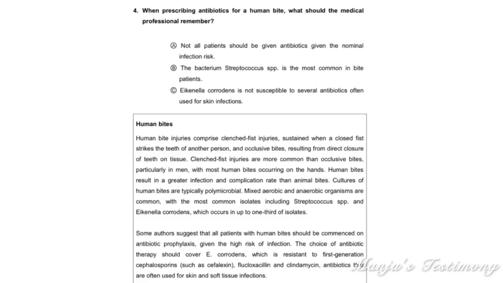Mixed aerobic and anaerobic organisms are common, with the most common isolates including Streptococcus species and Eikenella corrodens, which occurs in up to 1/3 of isolates. It is not saying that only Streptococcus species is the most common bacterium. It's including Streptococcus species and Eikenella. And means that it is equally important.